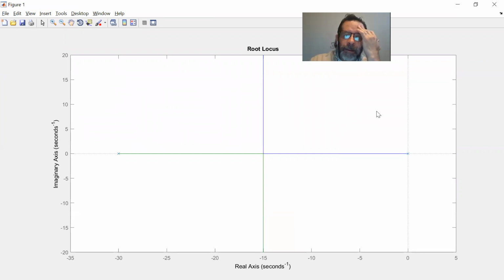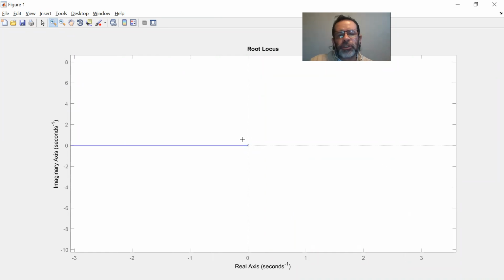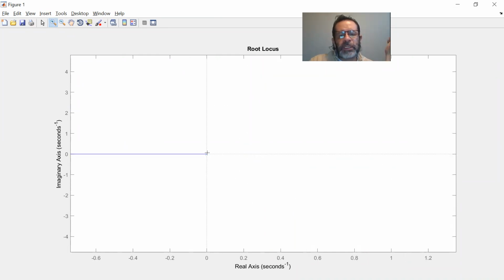Well, if we look at the root locus, the interesting thing about this root locus is that if we zoom in on the place that's close to the x-plane, we notice that the root locus ends here at, I believe this is going to be 0. It ends here at 0.